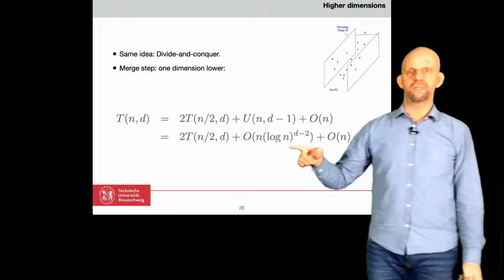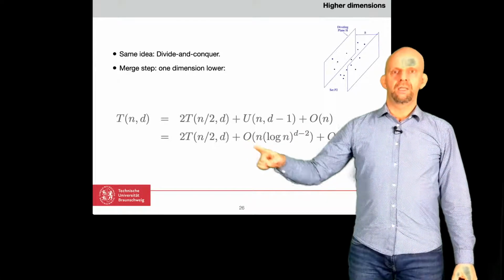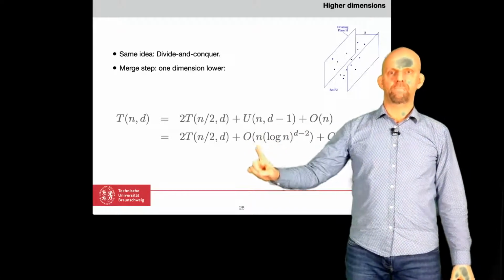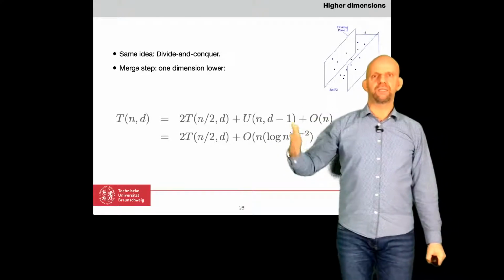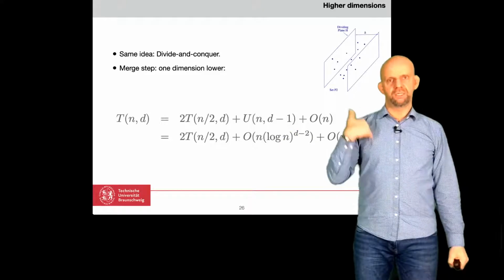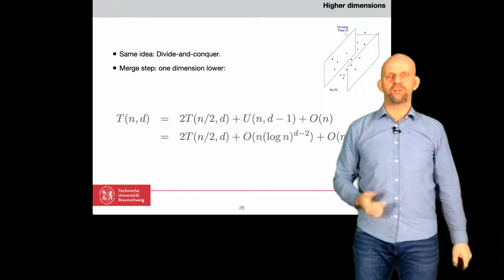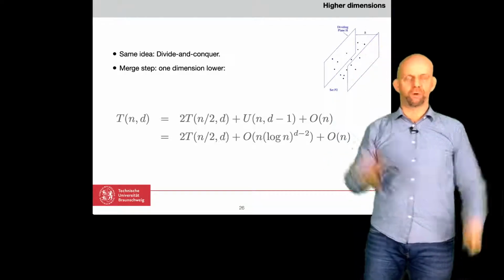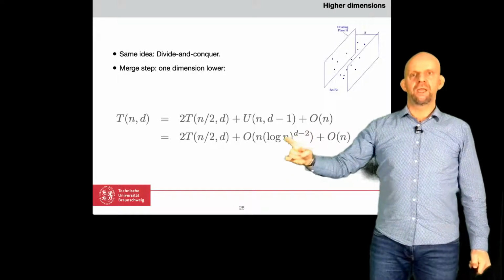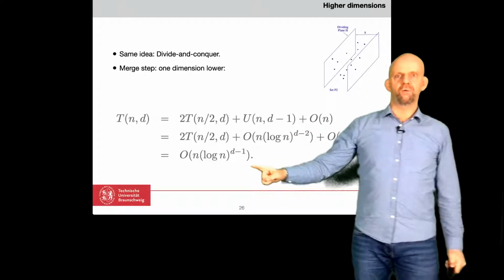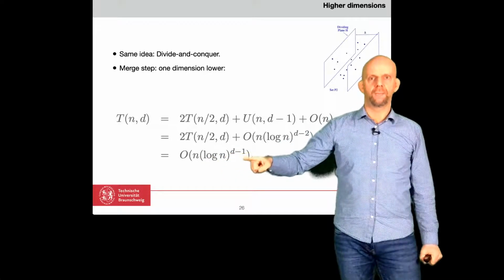I'll skip all the details, but we know something happens here in n log^(d-2) n, because we were able to strip away two dimensions by this idea with a sorted order in 2D, 1D, and so on. So you save two exponents.